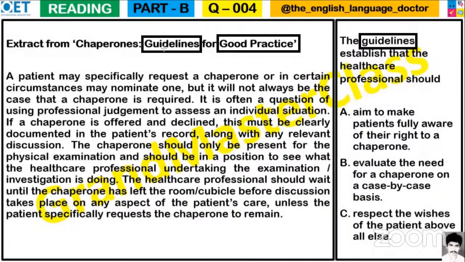Why are you crazily going and reading everything? These are the guidelines for good practice. So guidelines are for good practice. What is good practice? Good practice is based on judgment, evaluation.